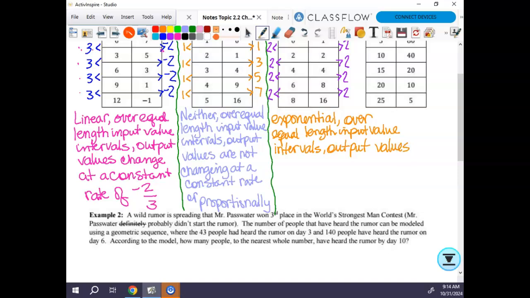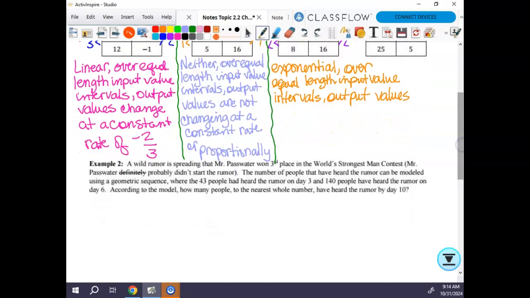Right? I mean, everything we just wrote after the comma is literally the exact same on every single one of those. So over, equal, length, input value, intervals, output values are changing, or you can say change, I guess. Change. How do they change? Proportionally. Good.